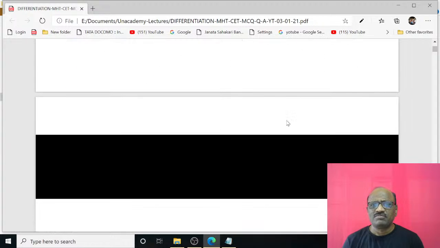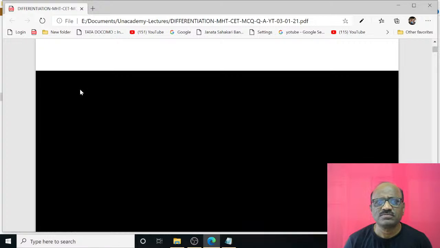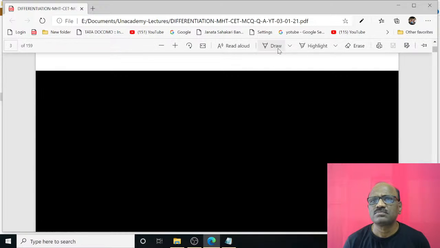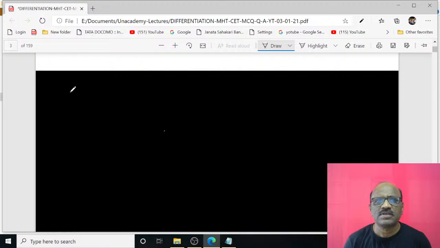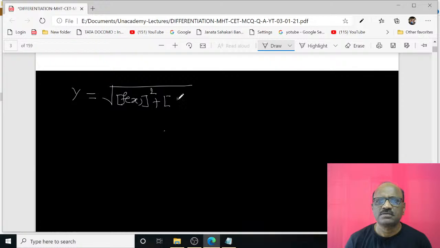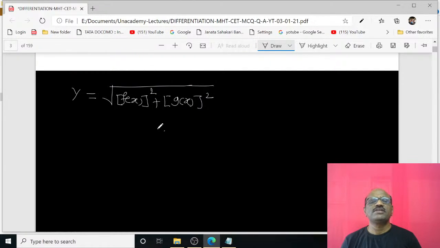I will write here y is equal to root of f of x bracket square plus g of x bracket square. Now we know the derivative of root of x. What is the derivative of root of x? That is 1 upon 2 times root of x.